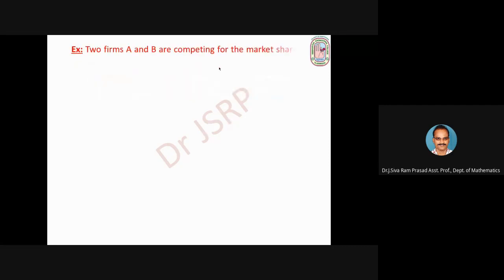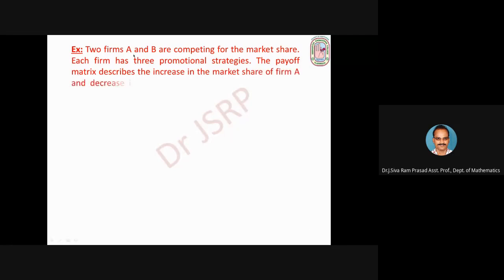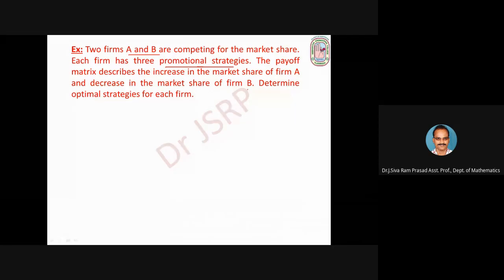Write this problem. Two firms A and B are competing for the market share. Each firm has three promotional strategies. The payoff matrix describes the increase in the market share of firm A and the decrease in the market share of firm B. Determine optimal strategies for each firm.